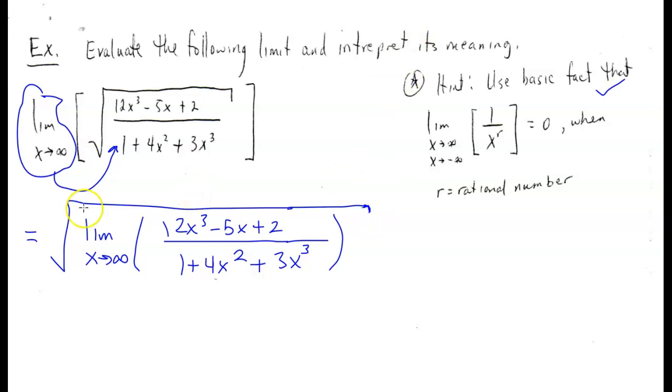Now, if we take what this limit is actually trying to communicate to us, remember that limit means behavior. So what I want to know is, how does this particular rational function behave as x approaches positive infinity?